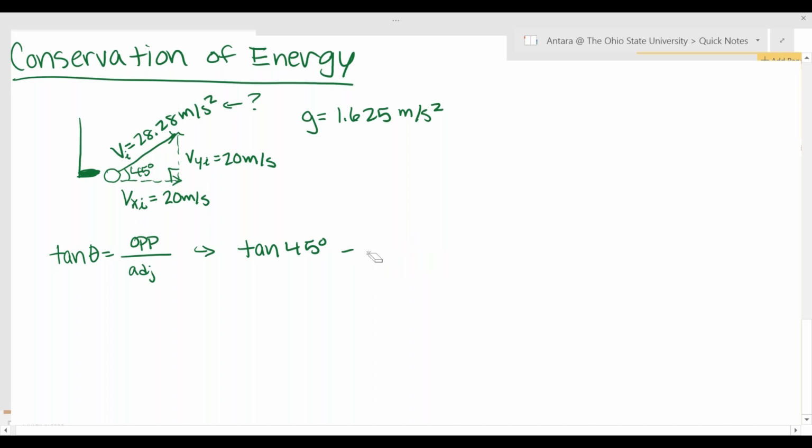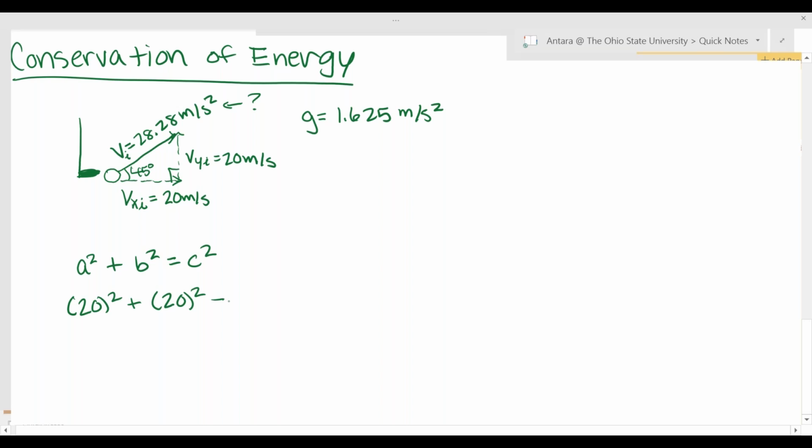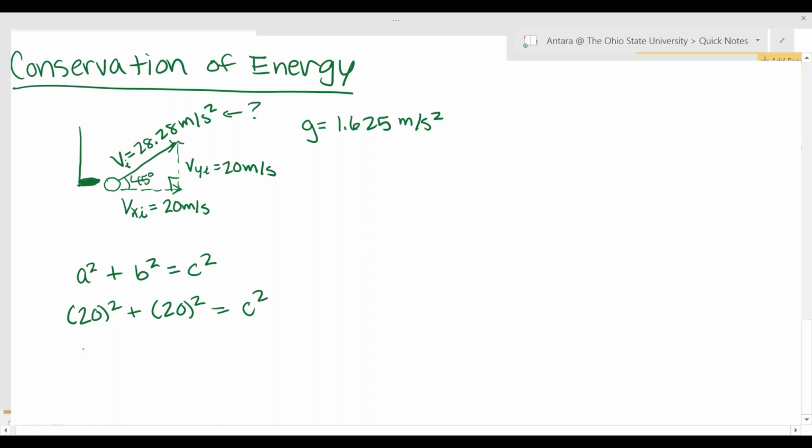But since this is a right triangle, we can actually use the Pythagorean theorem, since we have two of the sides. So we have a squared plus b squared equals c squared. Let's call vxi a, so we'll do 20 squared plus b squared, 20 squared. And c squared is the hypotenuse. We're trying to find c. So 20 squared is 400, plus 400 equals c squared.